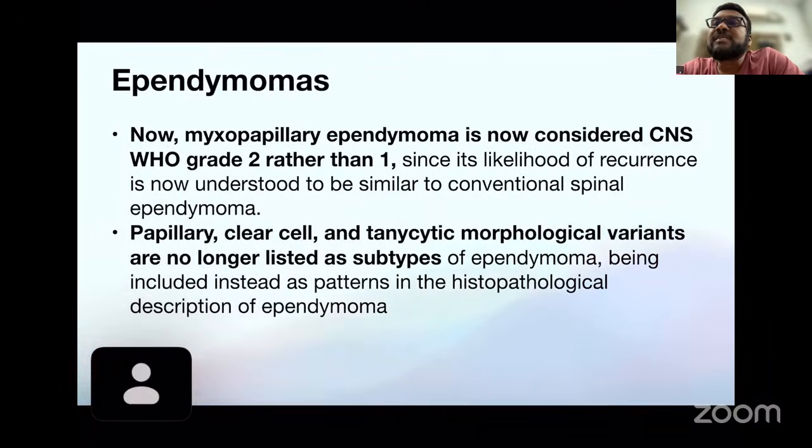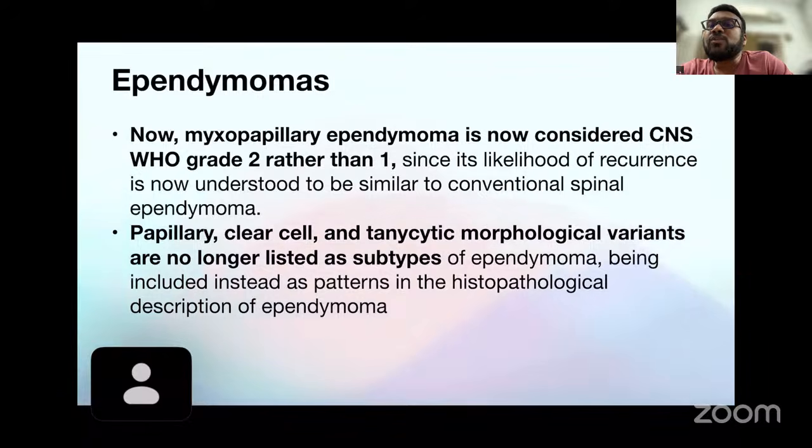Why? Because of its likelihood of recurrence, it is now understood to be very similar to the conventional ependymoma. You know, the conventional ependymoma is of grade 2 type. So similarly, myxopapillary ependymoma, because of its tendency to recur, is now called grade 2. And similarly, we have the papillary, clear cell, tanycytic, and other morphologic variants.